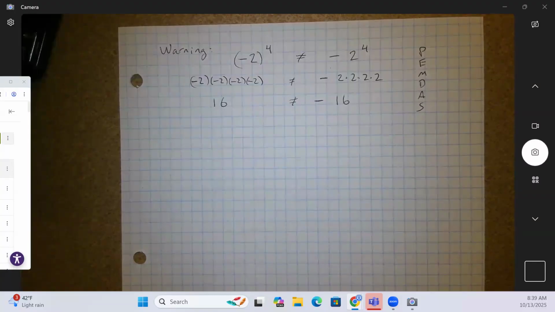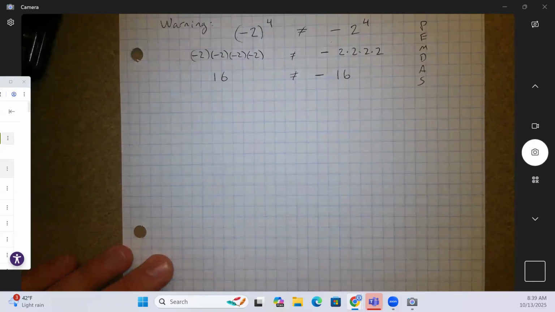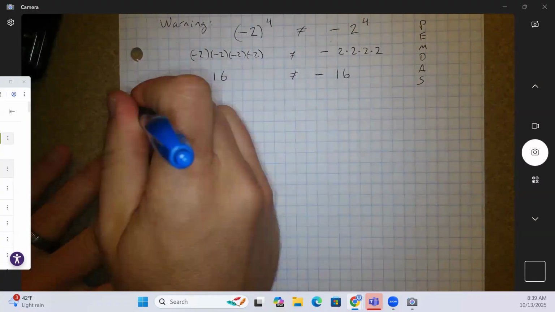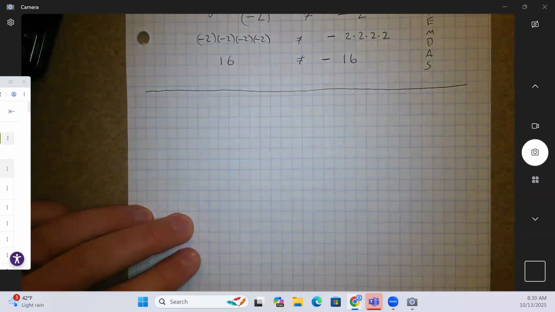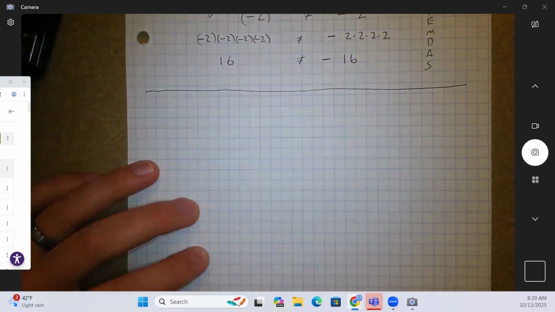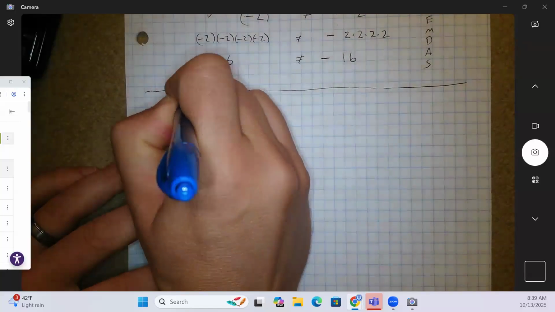So now that we introduce negatives with our multiplication and addition, I just want to show you one example of how you would approach an order of operations question. And this is number 45 from the book.